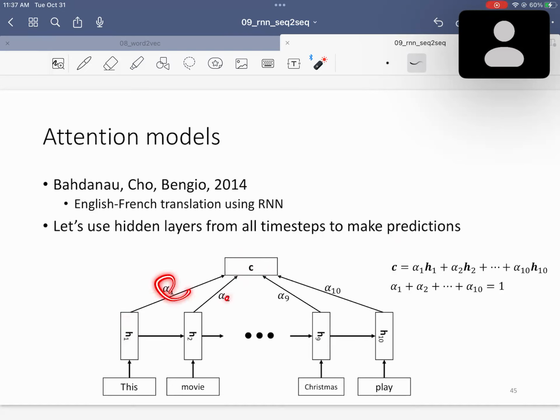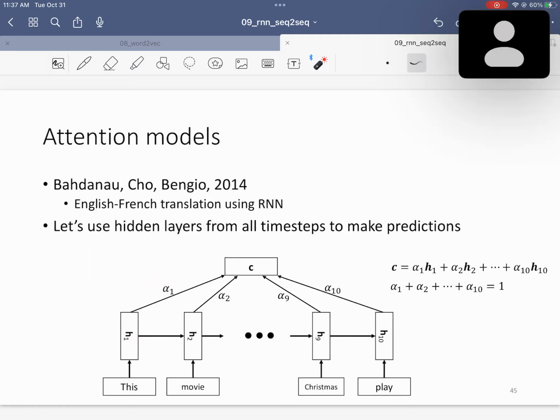The weights, alpha 1 to alpha 10, should sum to 1, because you need to put some constraint into it. Otherwise, the magnitude of C will just explode, because if these weights are like 10, 20, 500, then if you take the weighted sum, the magnitude of C will be too large. So it wouldn't work as intended.